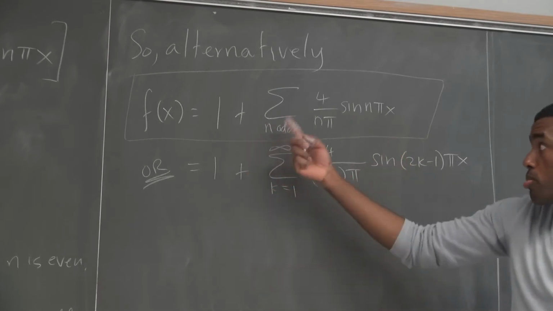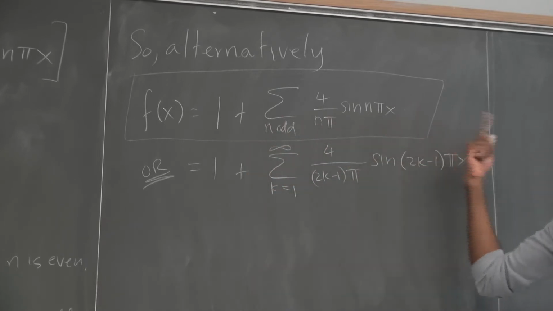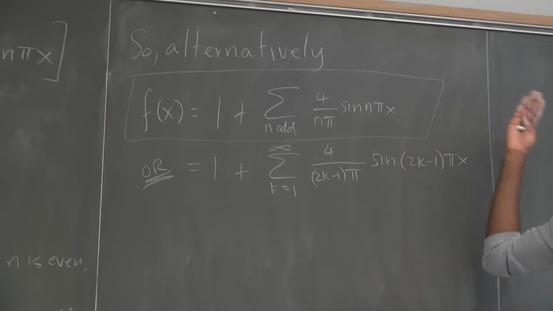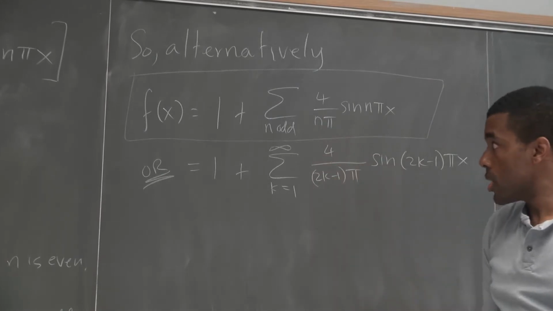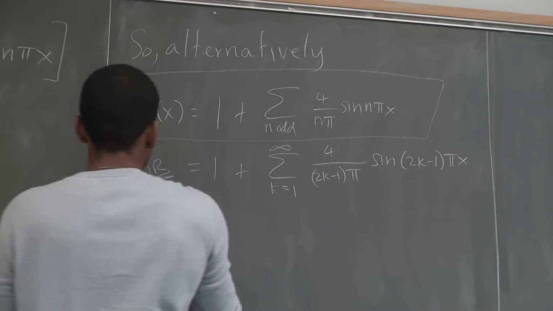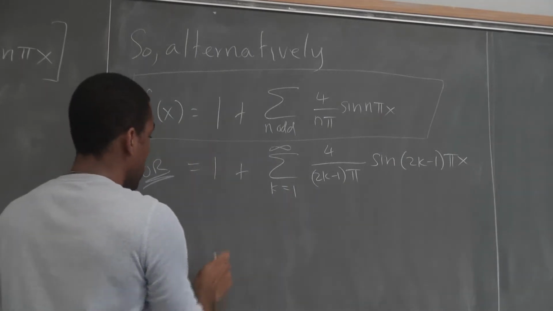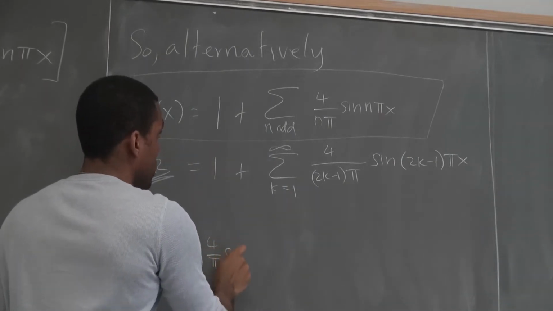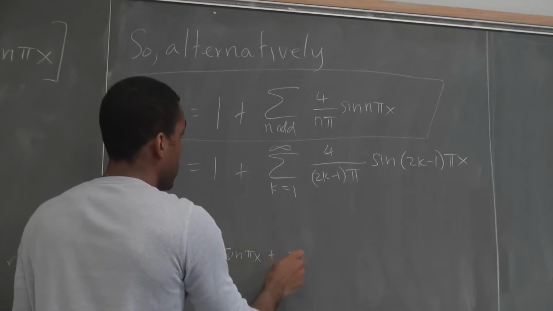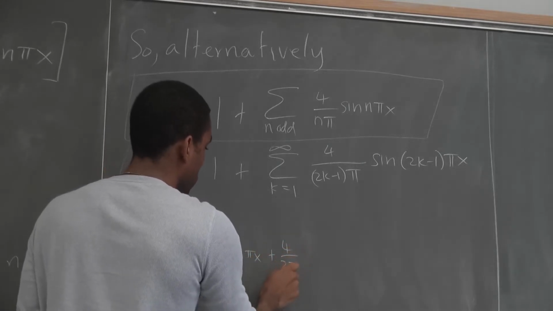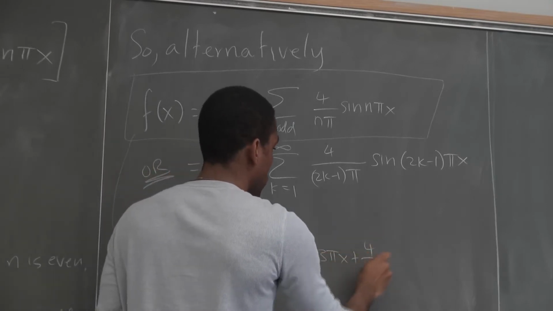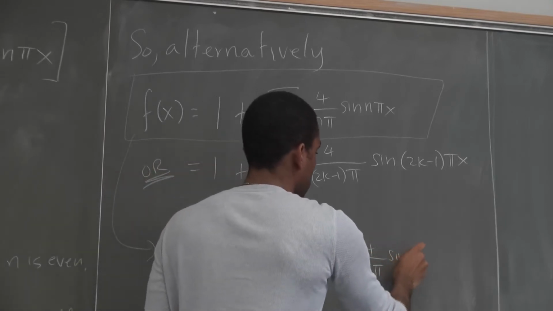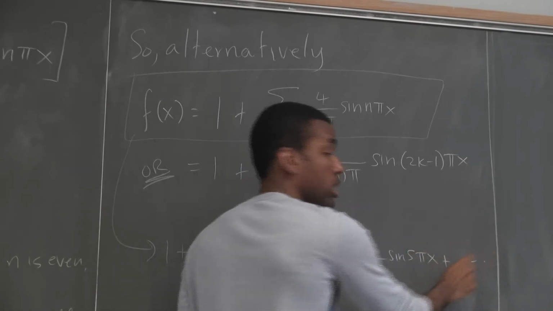Right. So this is just 1 plus some amount of sines, right? It's sine of pi x plus sine of 2 pi x plus sine of 3 pi x plus sine of 4 pi x with these coefficients. So yeah, this guy looks like 1 plus 4 over pi sine of pi x plus 4 over 3 pi sine of 3 pi x plus 4 over 5 pi sine of 5 pi x plus, it continues like that.